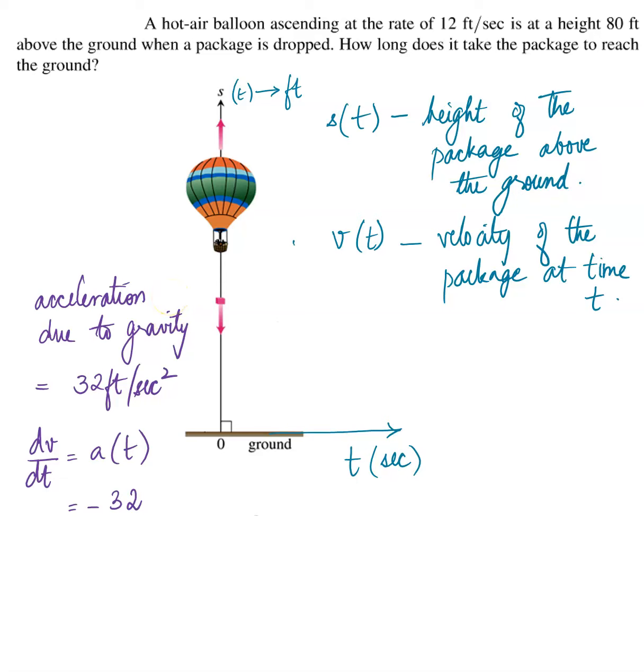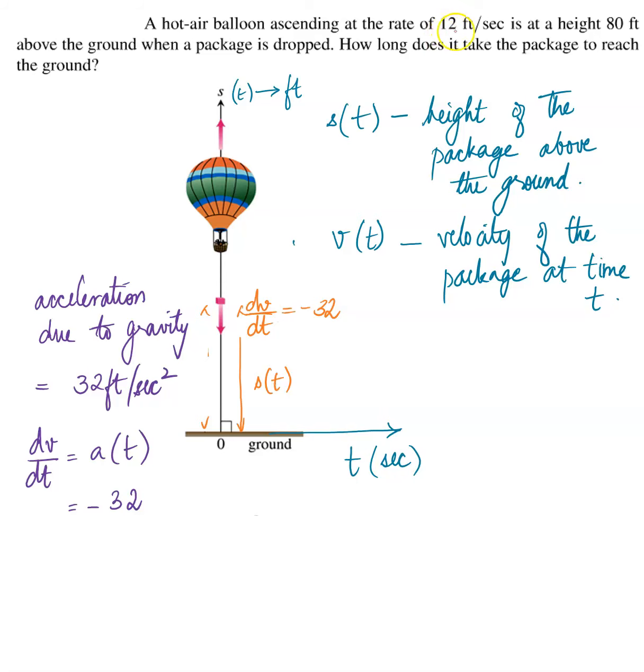So then if I were to denote the decreasing height, I would say this dv over dt is negative 32, acceleration due to gravity. That's what's happening here. And say this is the package, this pink one. This would be the S of t. It's not picking up. I'll write this out. That would be S of t.